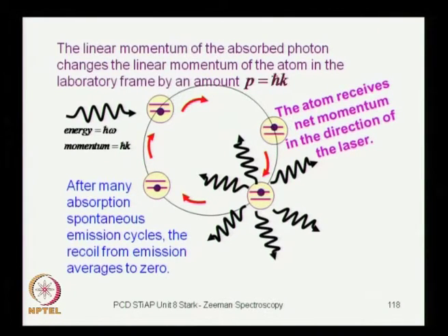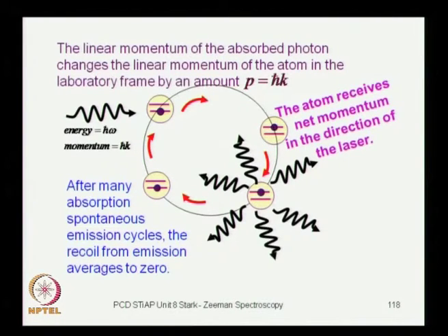So, that is how it gains momentum in a particular direction, because the recoil kick it gets by emitting the photon in different directions in different cycles gets averaged out.